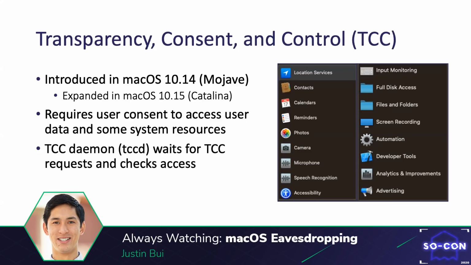TCC will require user consent in the form of pop-ups when applications access certain data or certain system resources. The TCC daemon, or TCCD, is what handles these TCC requests. So it listens for these requests and will check that access in an underlying database to approve or deny an application's ability to do something.